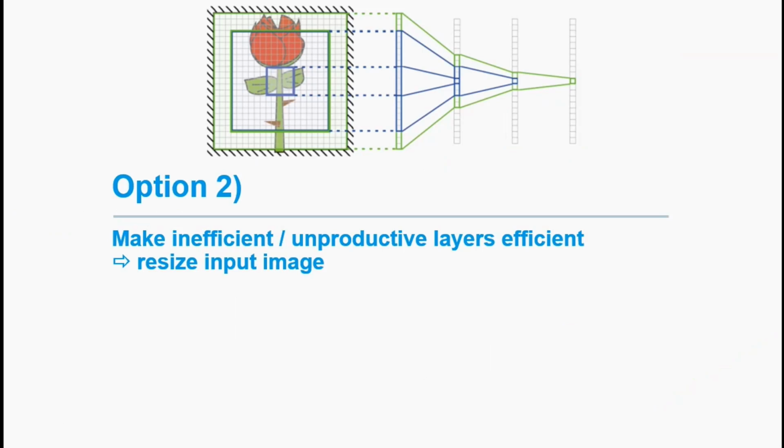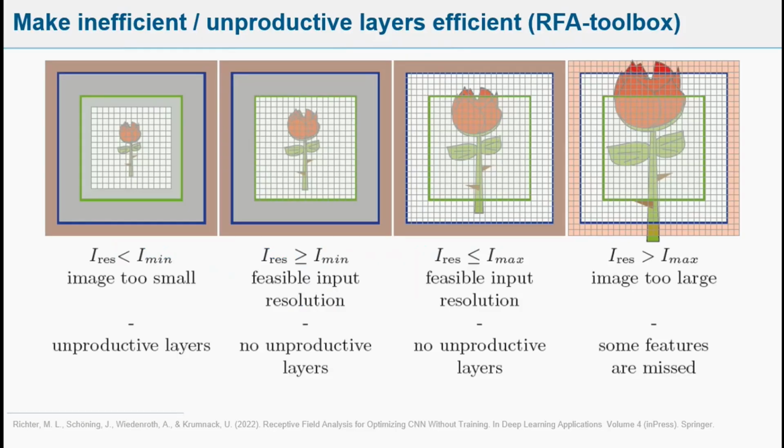The second option that we can do with our receptive field analysis toolbox is to define the input image size needed for a specific neural network, ensuring that all layers are productive. And here we see the correlation between the input image size and the productiveness of a neural network. So if the input image is too small, we have unproductive layers due to the receptive field in the convolutional neural network.